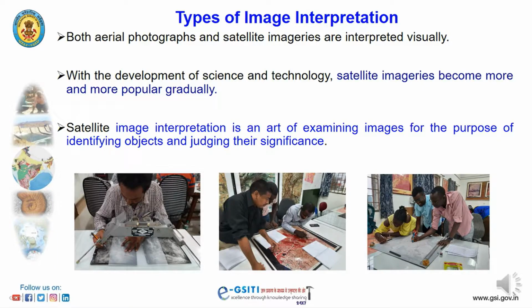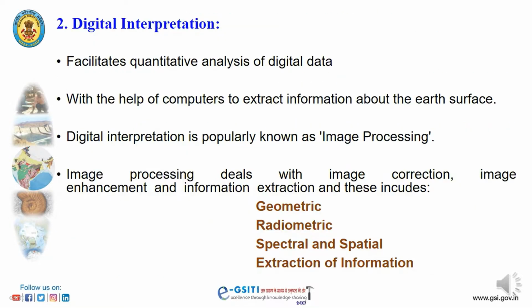As the technology developed, aerial photographs were used in earlier days using a stereoscope. We try to interpret our data. Then hard copy imageries, satellite imageries became popular. The informations contained in a satellite image are interpreted in order to prepare various maps: geology map, geomorphological map, landform maps, etc. With the arrival of computer systems, digital data processing started.